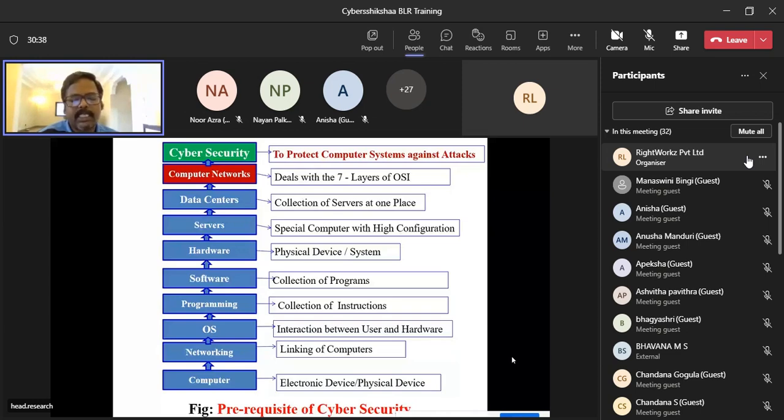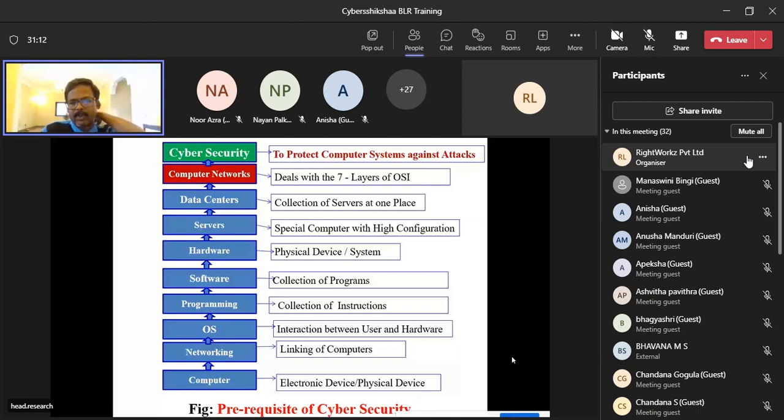GUI based operating system examples are Windows based operating systems like Windows 10, Windows 13, Windows 14, Windows 16 like that. Then command based operating systems, with the help of commands only we can open that operating system, and we are performing various operations by using commands, like Unix and Linux flavors: Red Hat Linux, SUSE Linux, Fedora Linux, Kali Linux, etc. Those are the examples of command based operating systems.